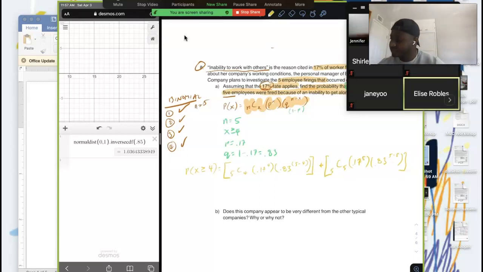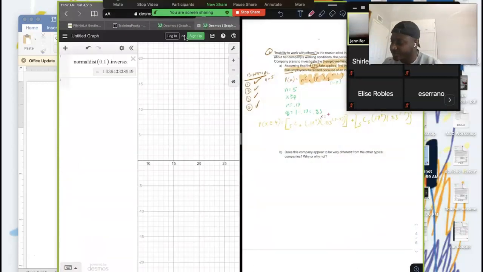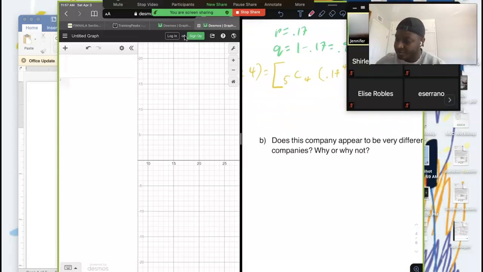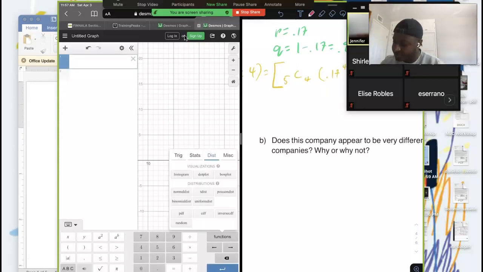Yes. So all I'm doing is I'm taking these values and plugging them into the formula. So this first one is when x is equal to 4, and the second is when x is equal to 5. And then we're going to add those two together. So let me show you how. If we're going to do it longhand, I'll show you guys both ways. Longhand, we would go functions and then stats.